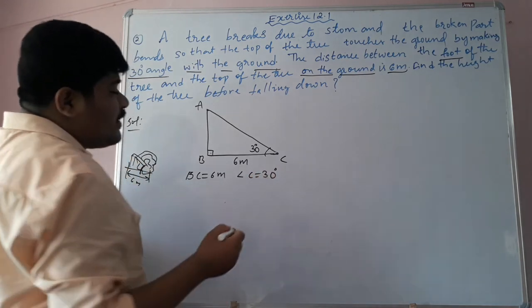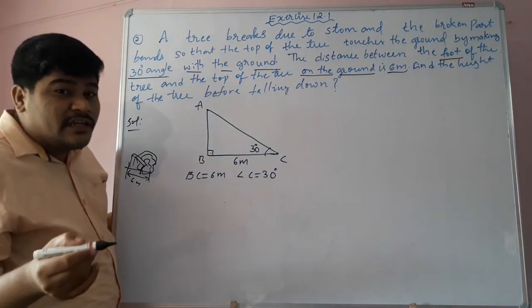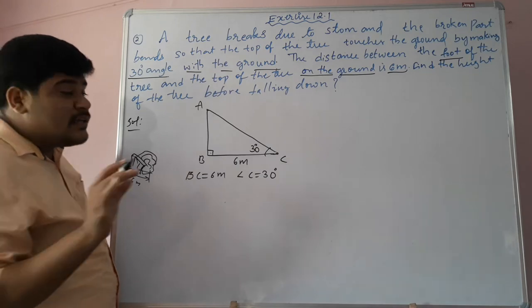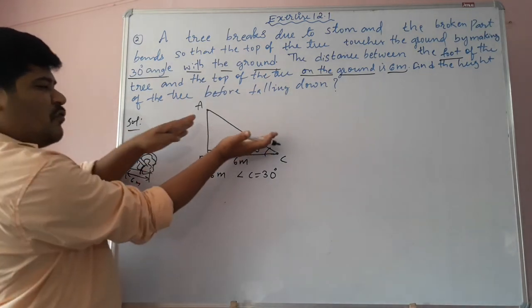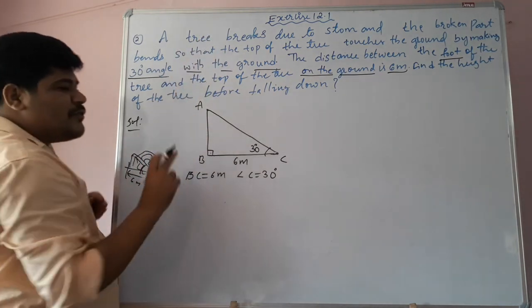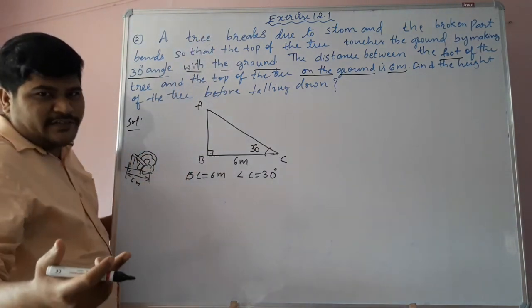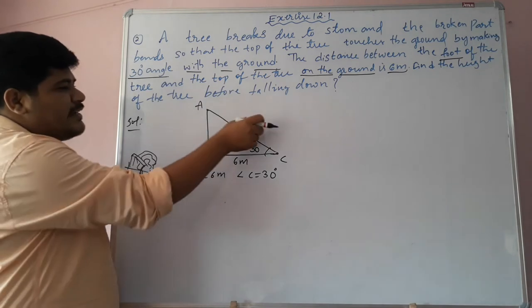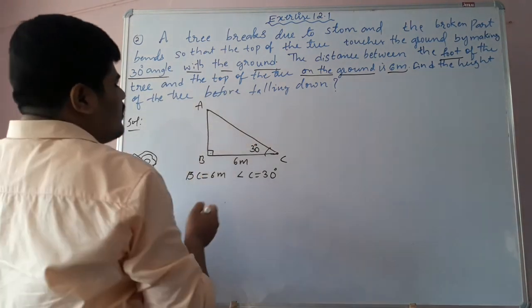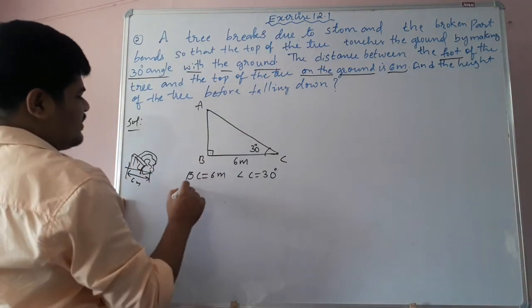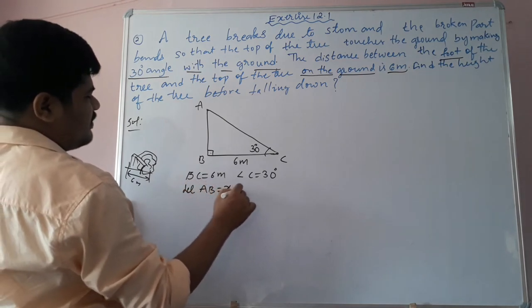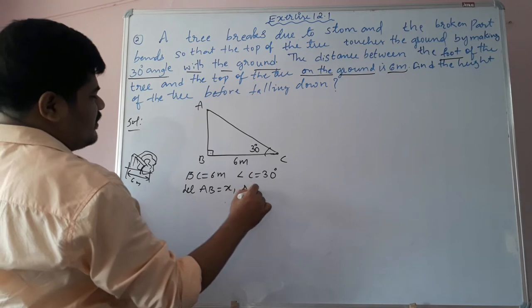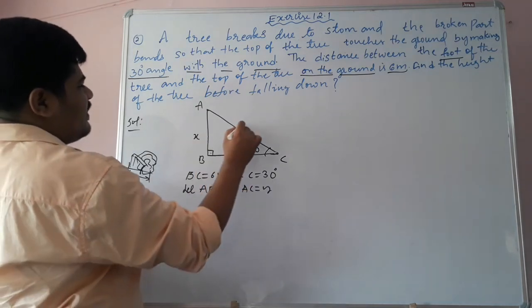Height of the tree before falling means we need to find AB and AC, because before falling it comes like this. So we need to find two sides, AB and AC. Let AB be x and AC be y.